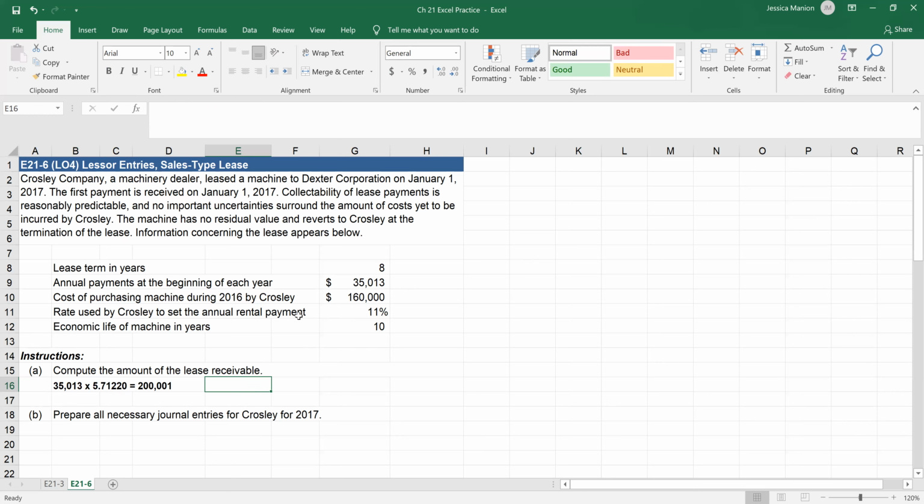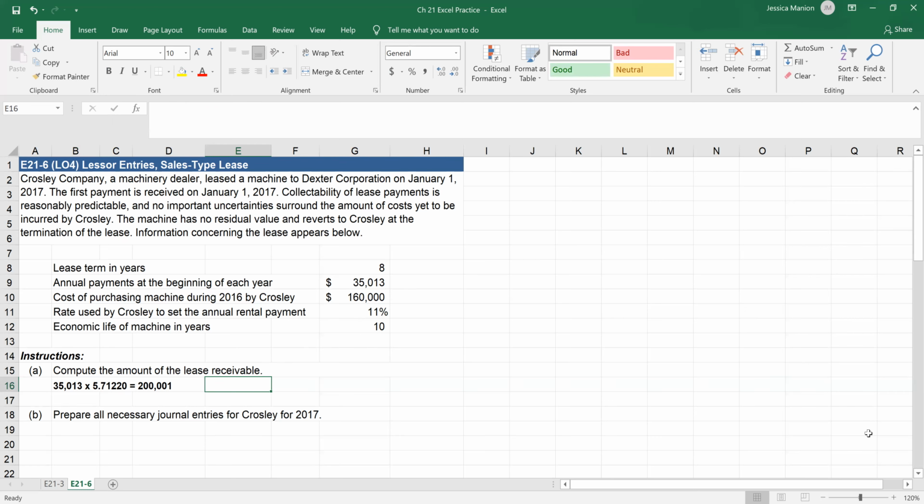In a direct type lease, fair value equals the cost of the asset. In a sales type lease, fair value does not equal the cost of the asset. And so we've got gross profit. We're going to recognize cost of goods sold, right? So that's what we're looking at on this one.